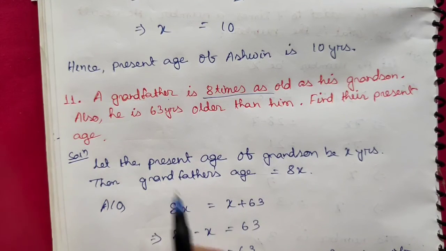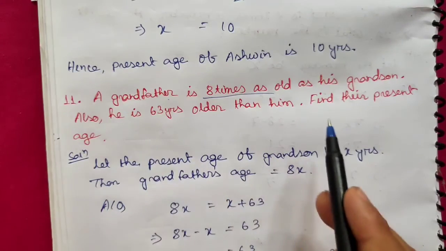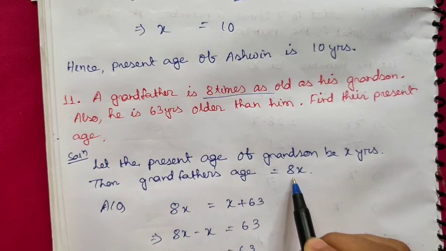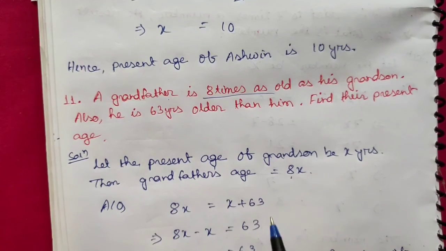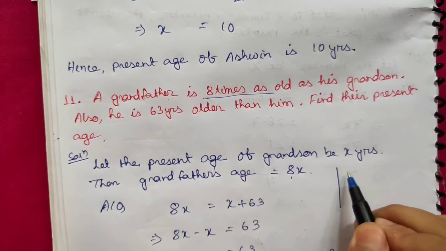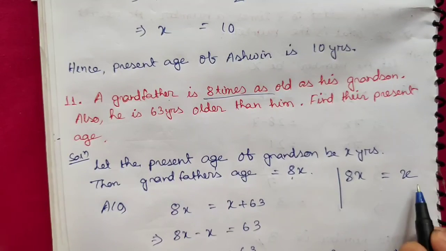Now look, also he is 63 years older than him. So present age of grandfather is 8x, right? And present age of grandson is x. Now look here, I have written something: 8x equals x. Is this equation correct?